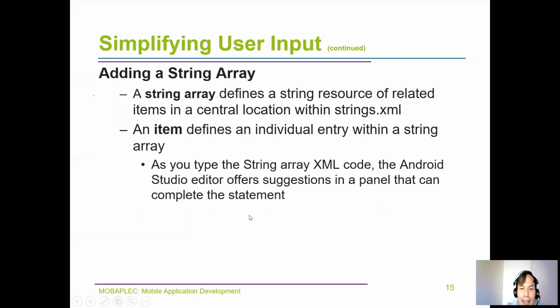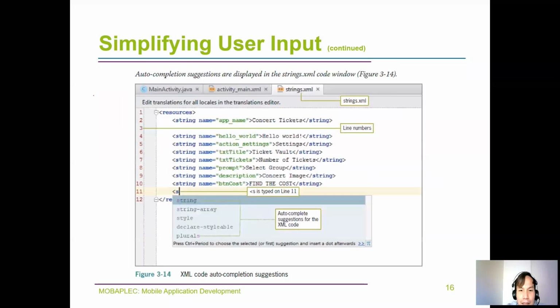This one is what I'm talking about. There's an auto completion suggestion, and that's what we call Intellisense, the suggestions in string.xml. Here you can see the resources.